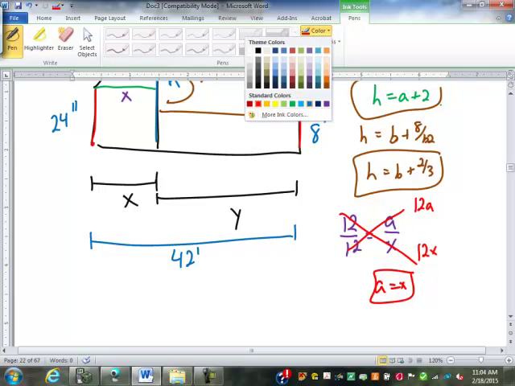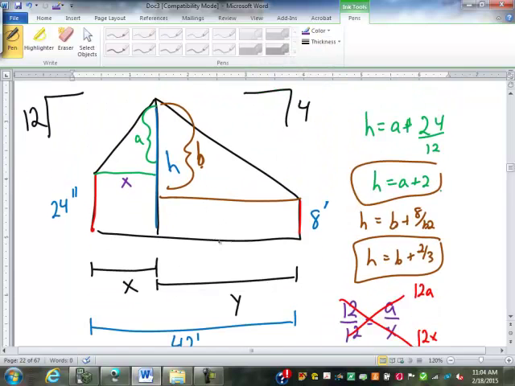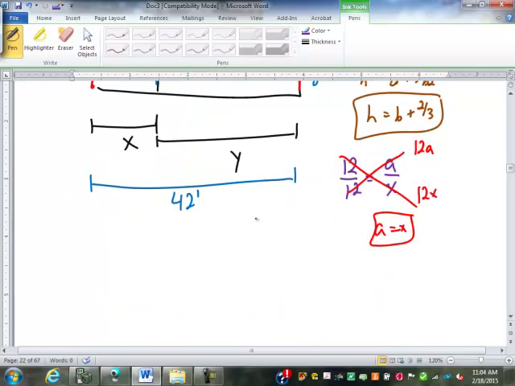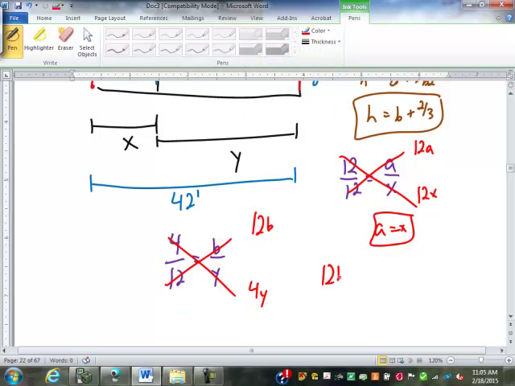From the other side, we have 4 over 12 equals B over Y. Cross multiplying, 12B equals 4Y. Dividing by 4, 3B equals Y, or Y equals 3B.